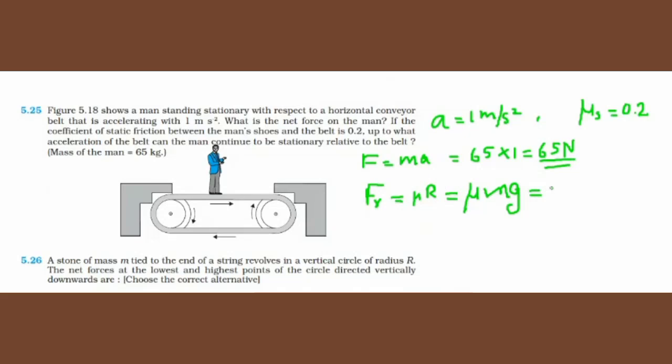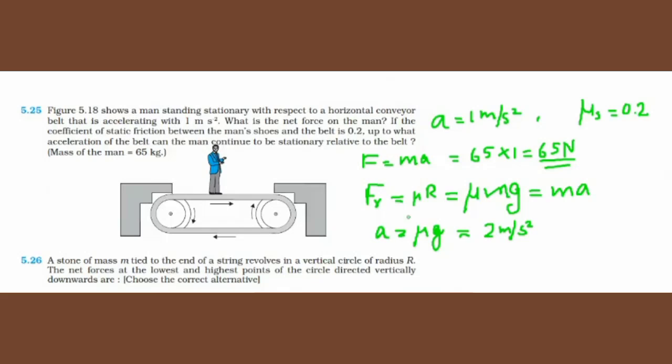That's what we need to calculate. Equate to ma, net force. You can simplify and substitute the values. So you will get acceleration a is equal to mu g, approximately 2 meters per second square.